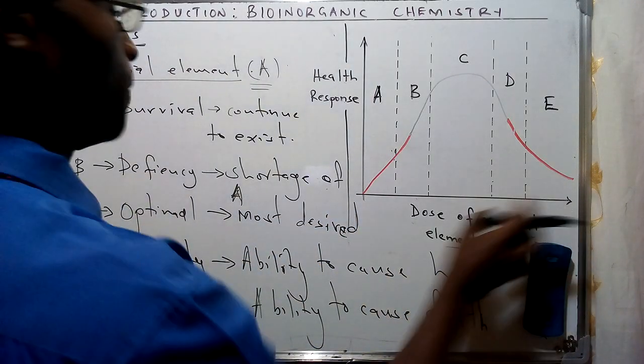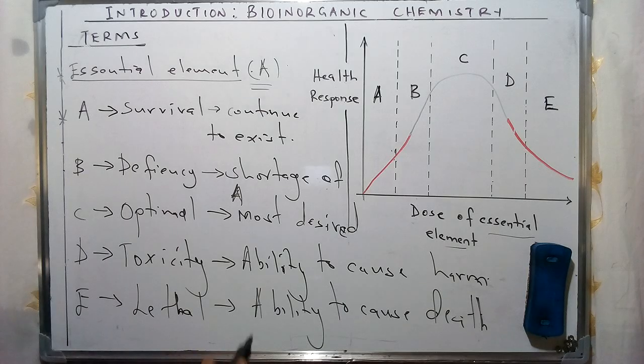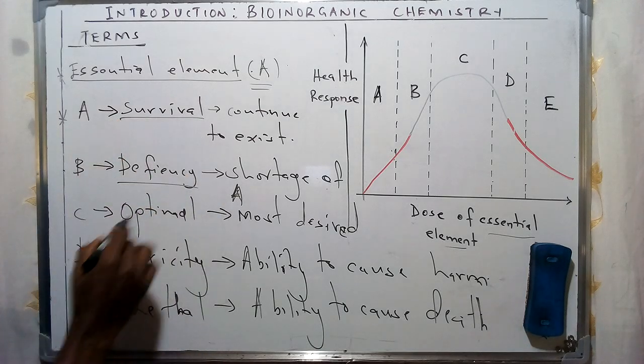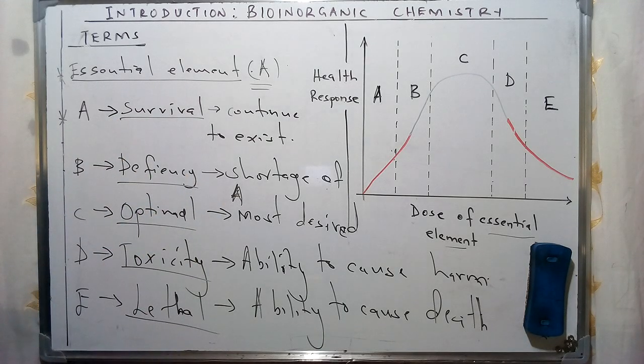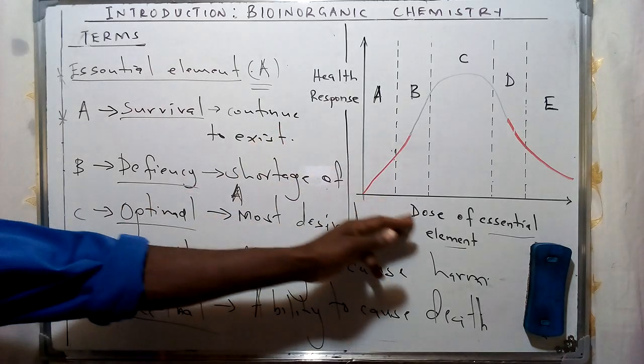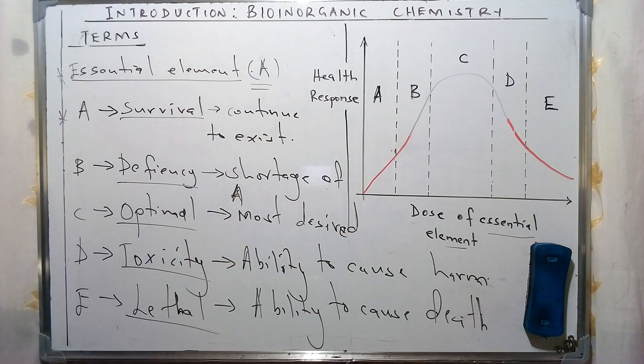So this is going to help us differentiate between various terms which we will come across in our description of the health response against essential elements. And these will help us describe the subsequent graphs which we will come across, perhaps describing such a relationship as the one which we have given on the board. So I hope that we have understood some of the terms which we are going to come across.